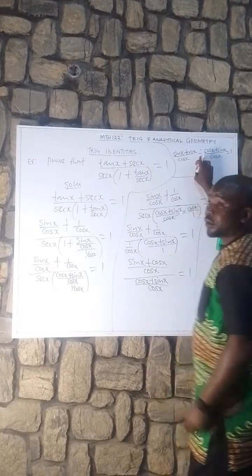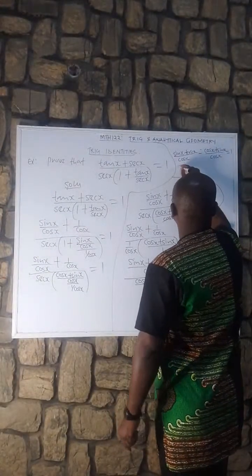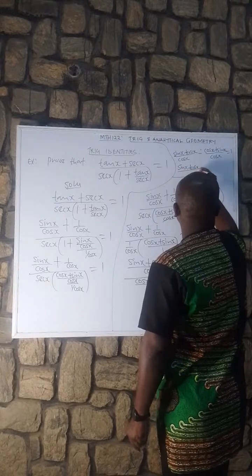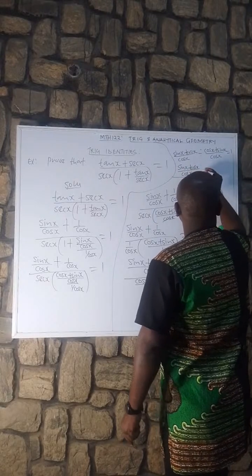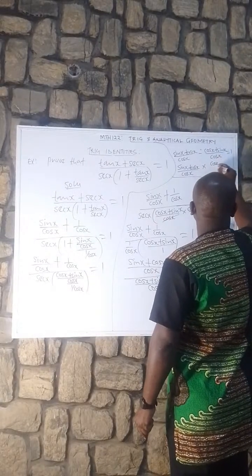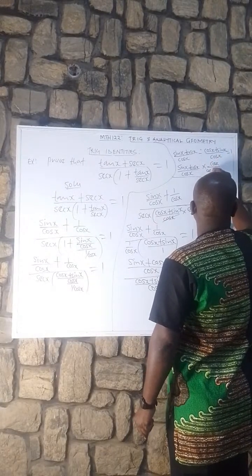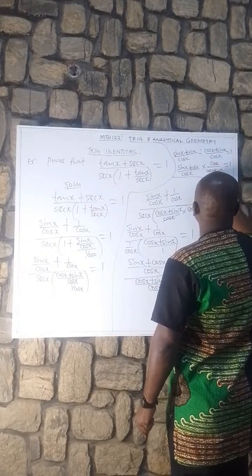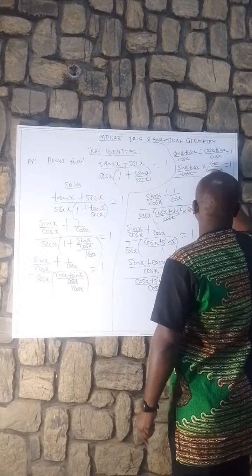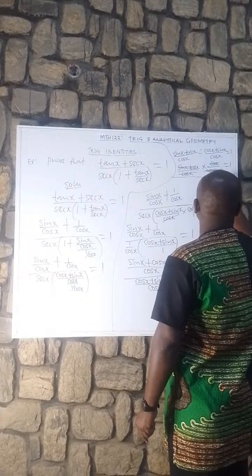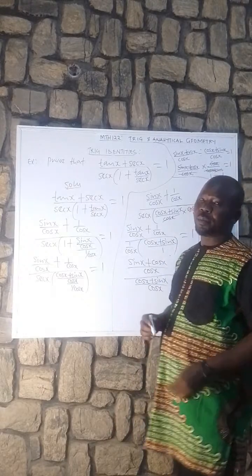Then if you convert this to multiplication, you're going to have sine x plus cos x all over cos x times, this one will come up, cos x all over cos x plus sine x equals to 1. Then I see that this cancels this and this cancels this, and I see that 1 is equals to 1. This is the final answer.